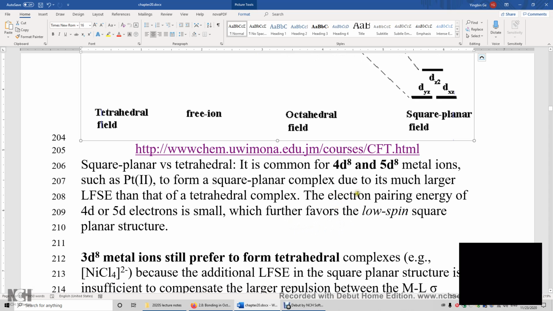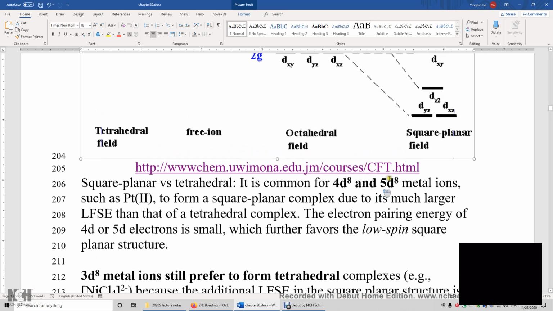And also the electron pairing energy in 4d and 5d orbitals is small, because 4d and 5d orbitals are more diffuse. It's easier for the electrons in the 4d or 5d orbitals to avoid each other, so there's lower electron pairing energy, and that will further favor the low spin square planar structure.